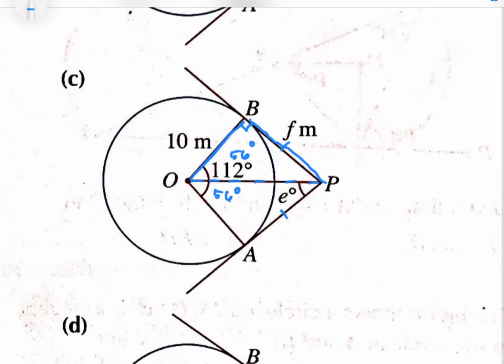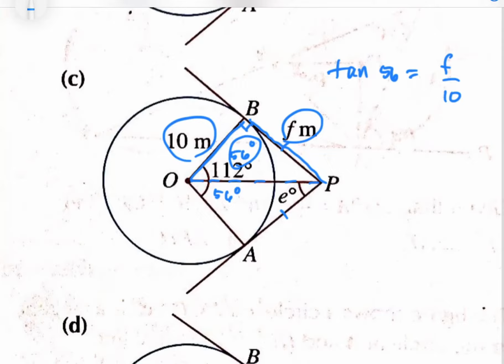Okay, and this involves SOHCAHTOA, and we are going to use the tangent ratio because we have 56 here, plus the adjacent side 10 and then the opposite. So tangent 56 is equal to opposite, which is F, over adjacent, which is 10.